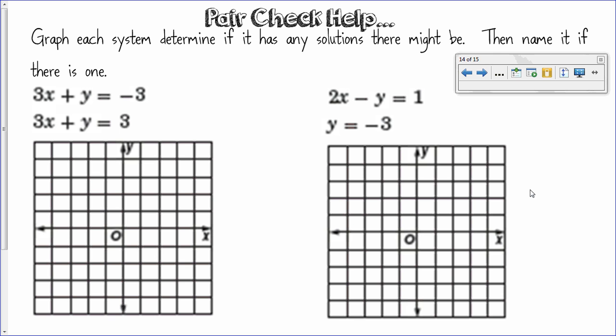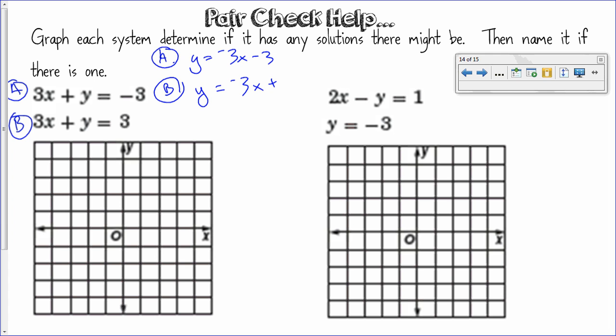So we've got equation A, equation B. A is gonna be y equals negative 3x minus 3, right? Yeah. B is gonna be, so these two lines are parallel, good. How many solutions?